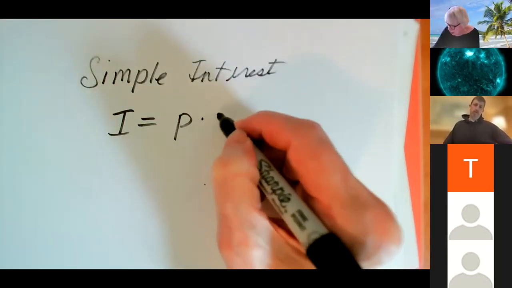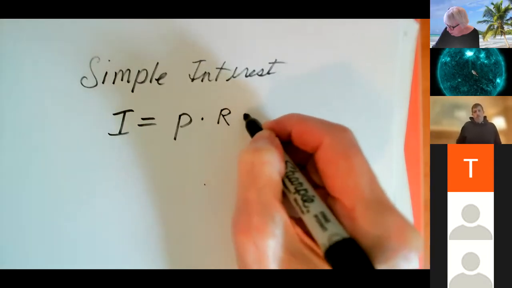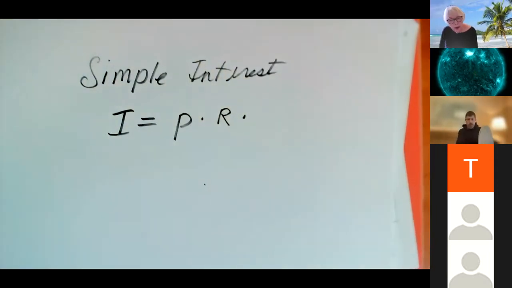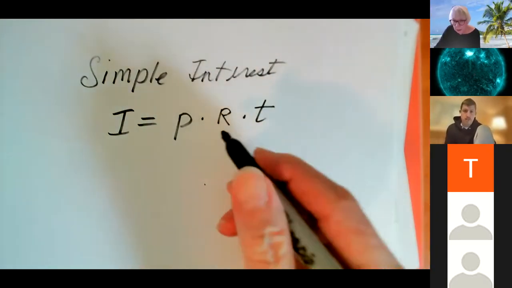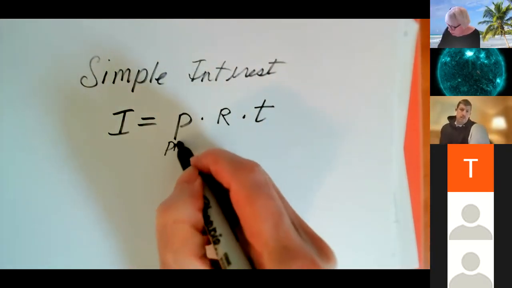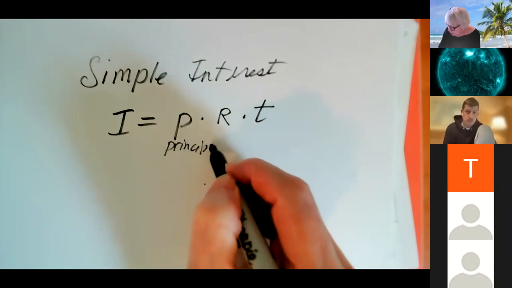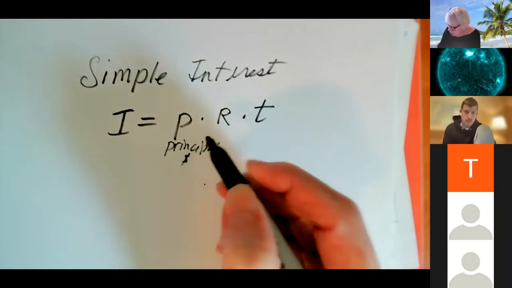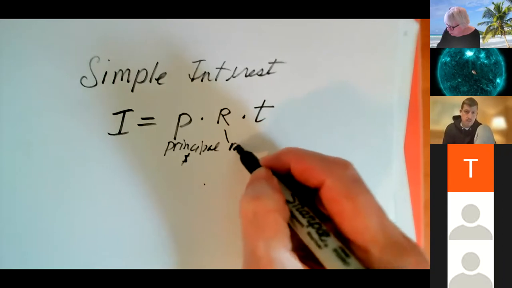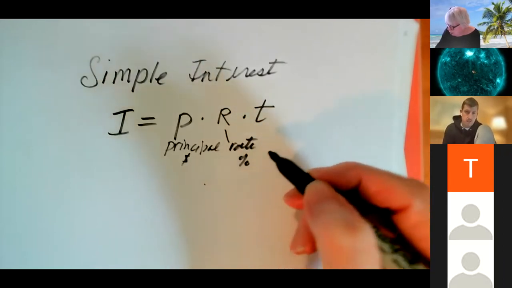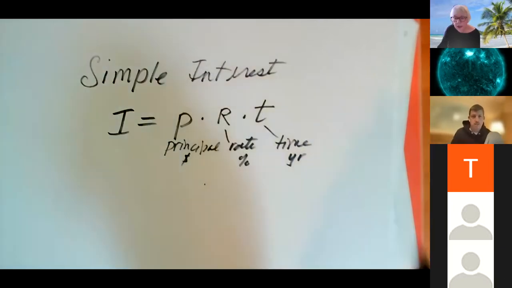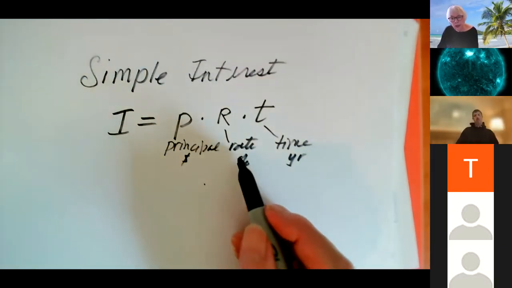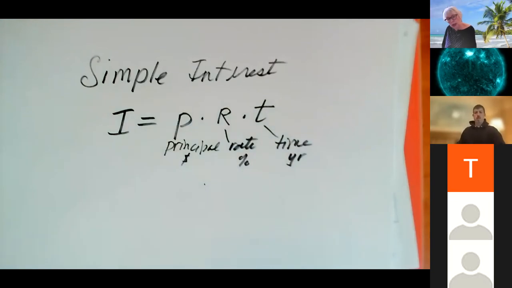The second thing is the rate. What percentage rate are you given? And the third thing is the time. So this is principal, which is how much you spend. This is the rate, which is a percentage. And this is the time. Usually it's in years. If this is in years, this is in years.